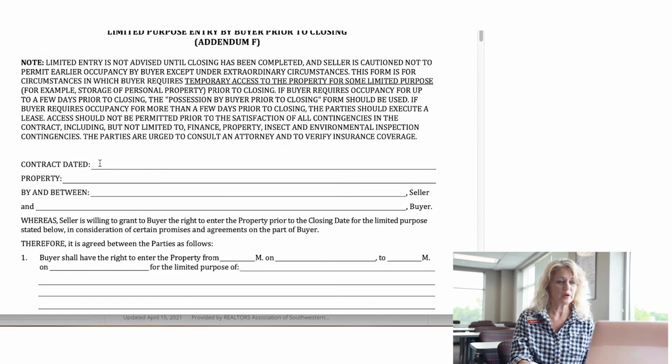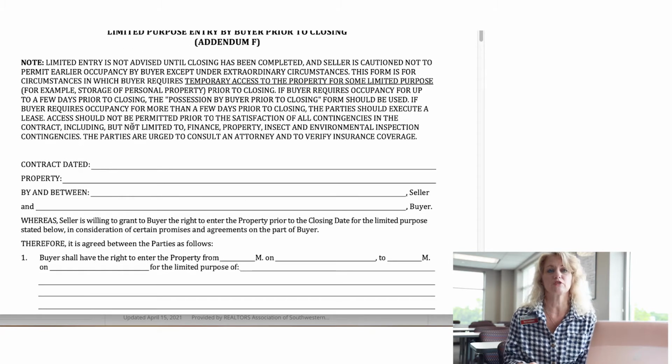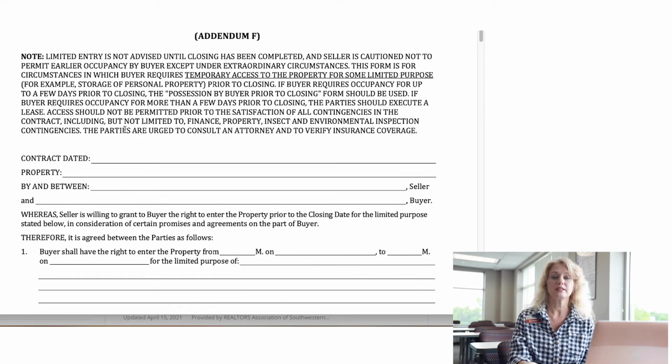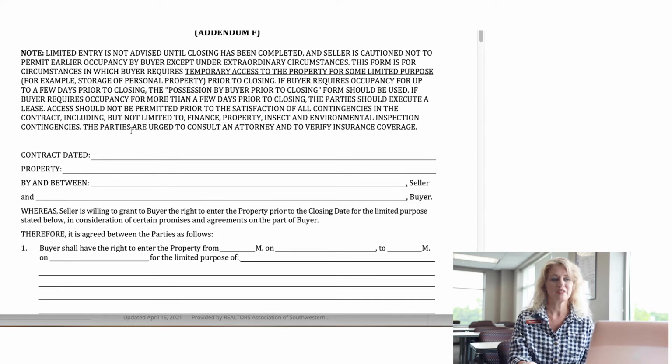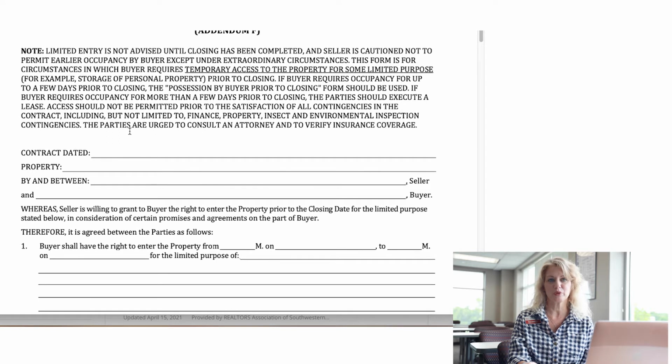So the purpose of this limited purpose entry would be, say the buyer and seller have agreed that the buyer can store some of their personal property in the garage a day or two before closing.